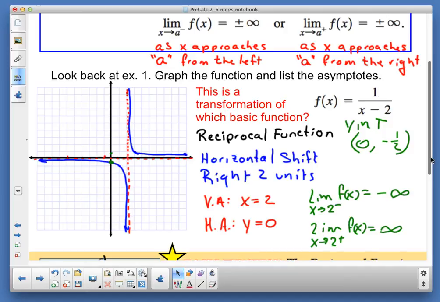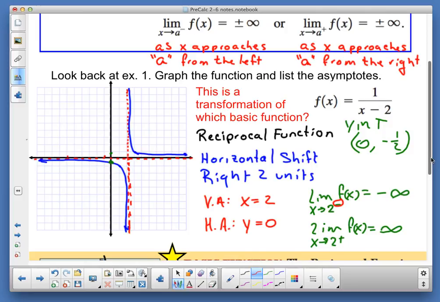Okay, I look for an incredibly small difference. If I'm approaching 2 from my left side, that's what this means. I'm approaching 2 from the negative side. I'm going to use an incredibly small value, like 1.999999.